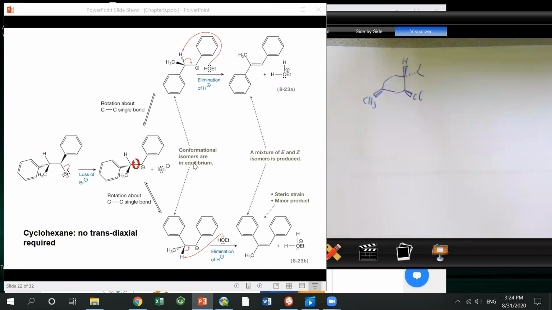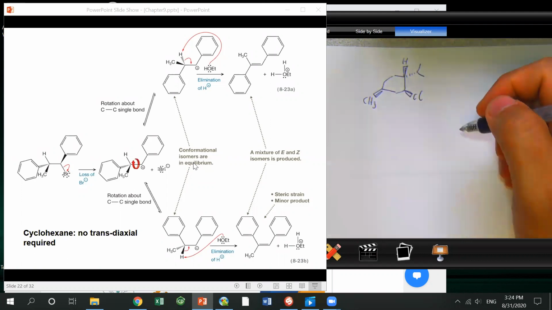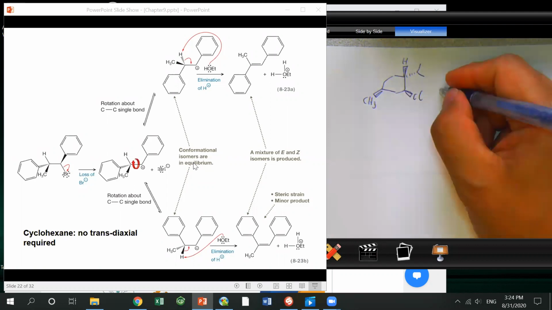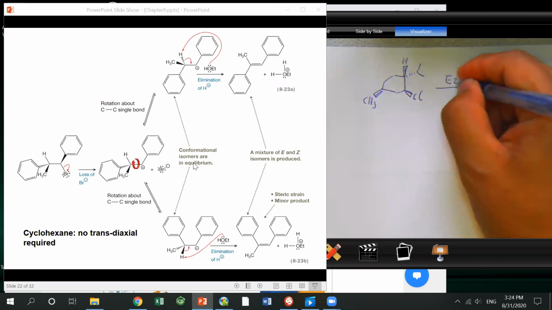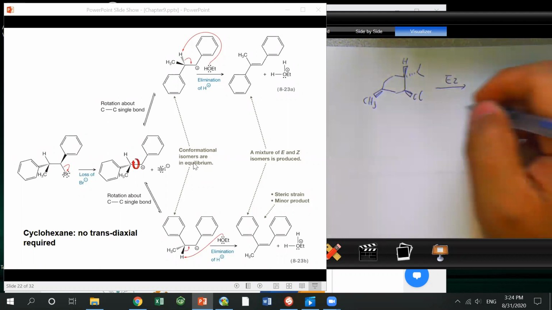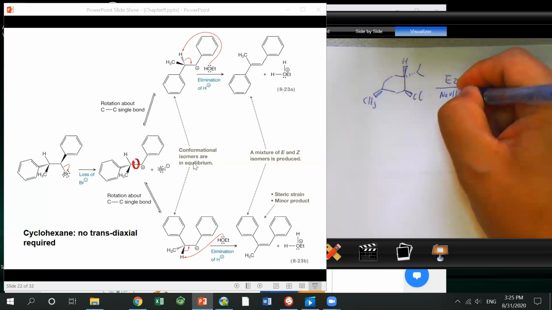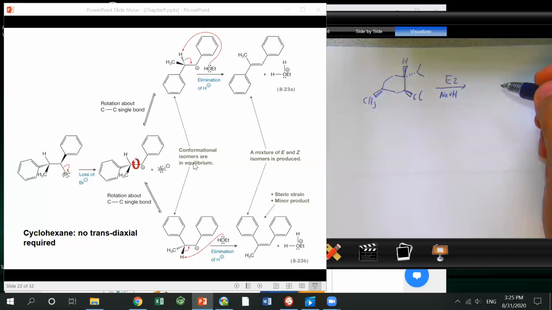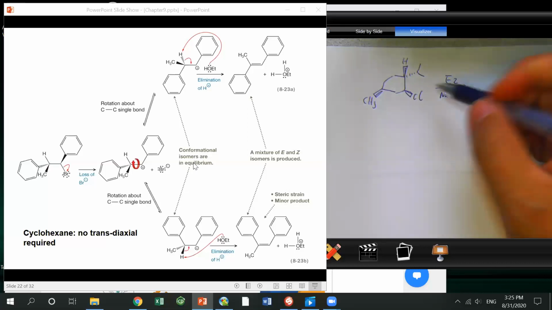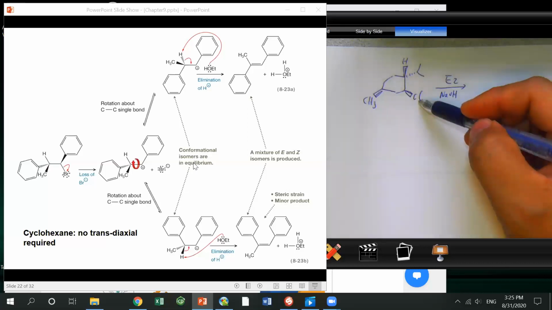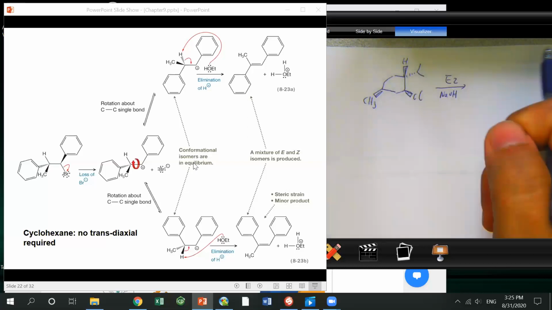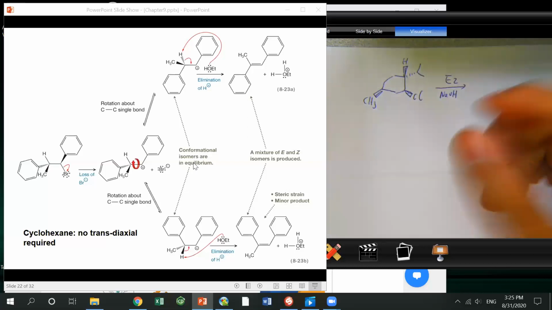All right. So for this compound, if we want to do the E2 elimination, for example with a strong base like sodium hydroxide, you cannot do elimination between this hydrogen and this chloride, these two, because both are wedge bonds, which means they point the same way and cannot reach anti positions, no matter how you do the ring flip.